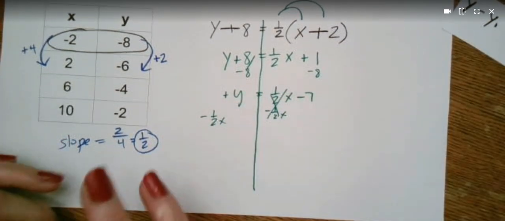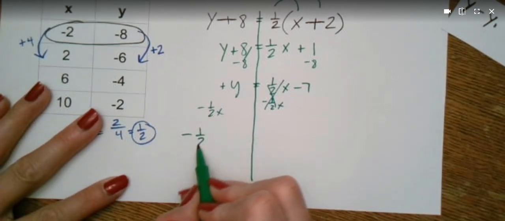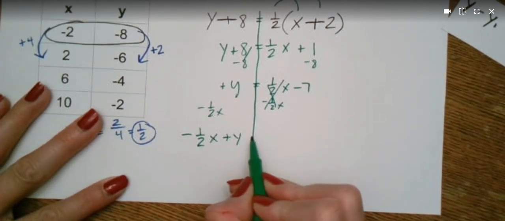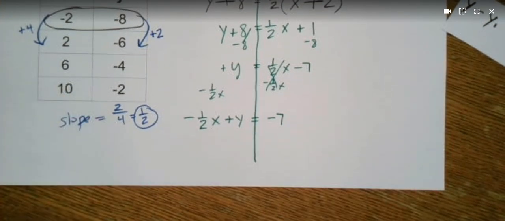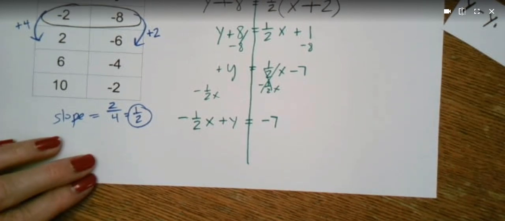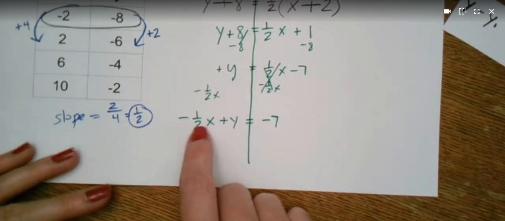This is a positive y. Hopefully you're seeing the issues we're going to have here. We've got a -1/2 x, a positive y, and a -7. Okay, 2 problems. One, we have a negative a term, and then the second one, we have a fraction.